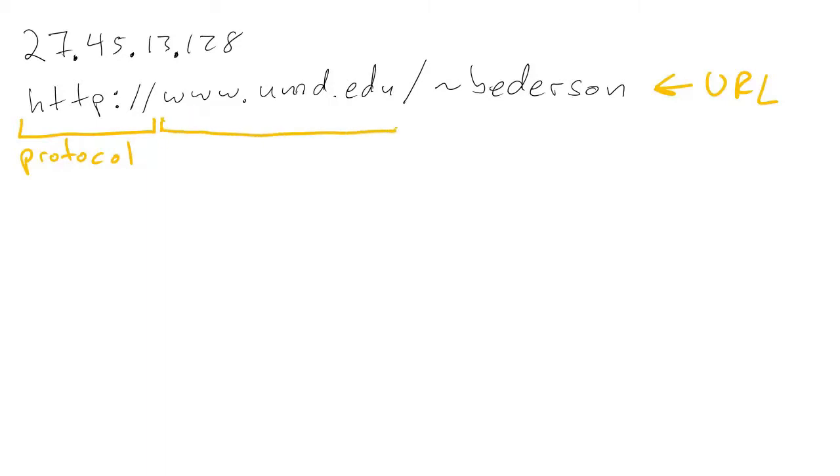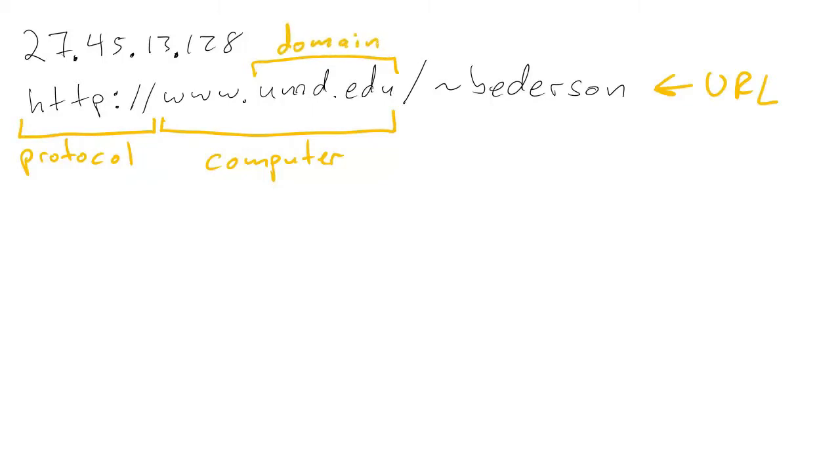Then there is the specification of what computer we're accessing. So you can think of this whole part here as the computer, which computer we're going to access using that protocol. The computer itself consists of a few things. The last two parts are what's called the domain.